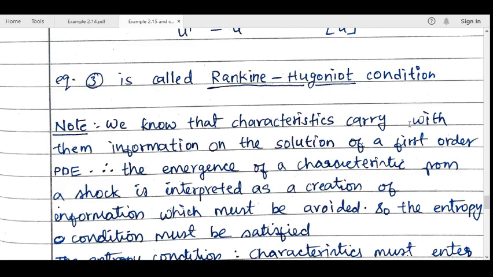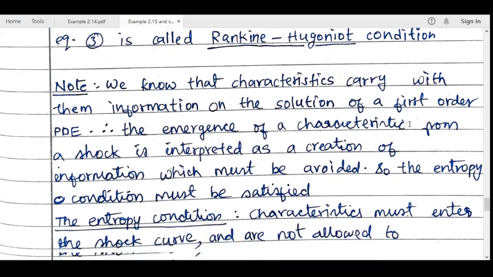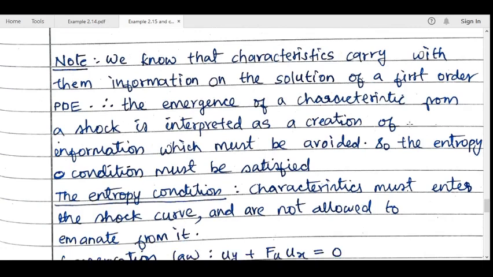Suppose a shock is formed, and if the characteristics enter the shock and when they leave, they carry the information of the shock, then there will be some creation of information, which should not happen, because it is against the law of thermodynamics: as time increases there may be depletion, but new information or new material cannot be created.